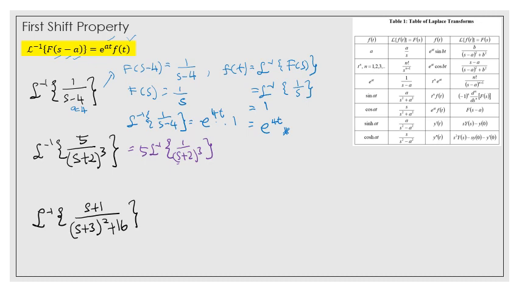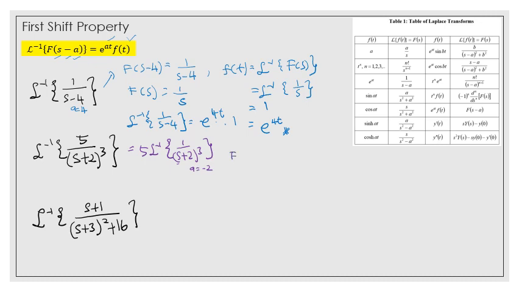In this case, we have a equal to minus 2, because we need to have s minus some constant. So when we have a equal to minus 2, we can consider this form as our s minus a.